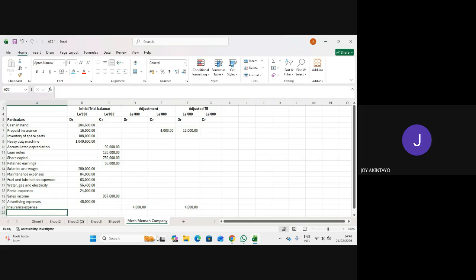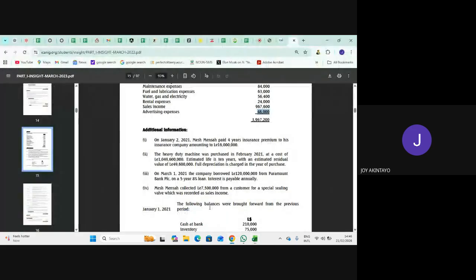So let's move on. Next thing. Heavy duty equipment was purchased in February 2021 at a cost of 1,149,600.